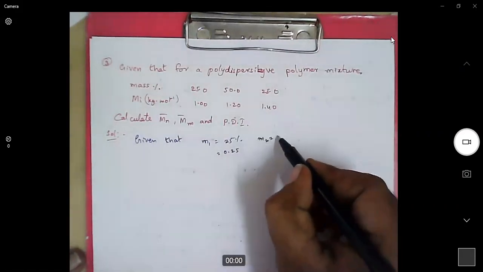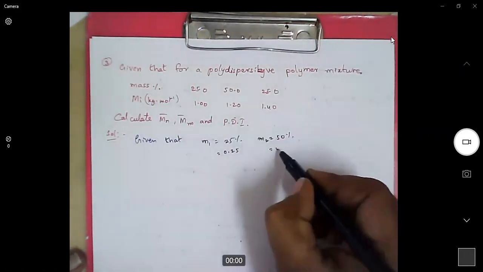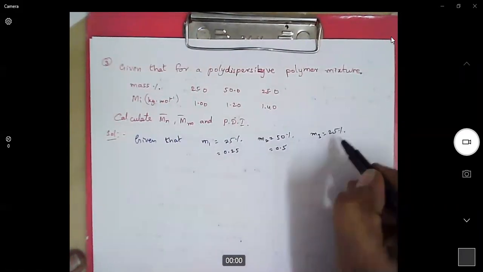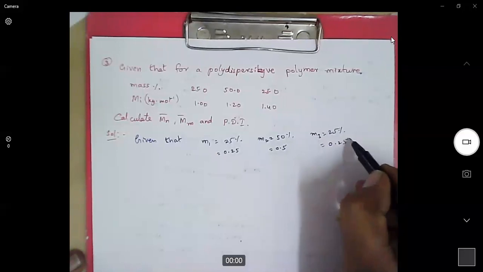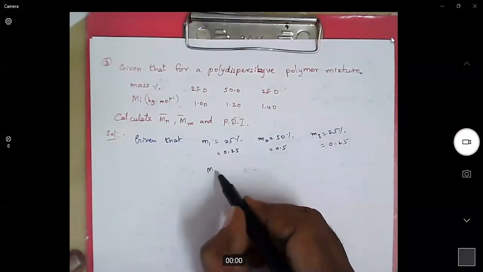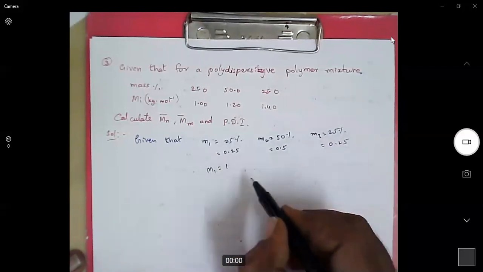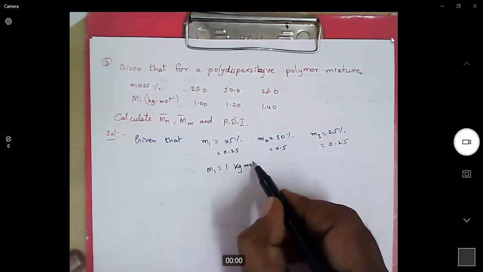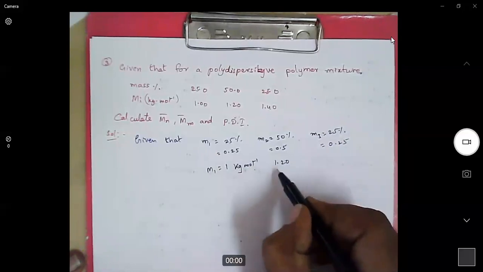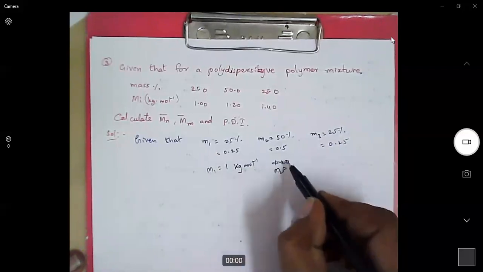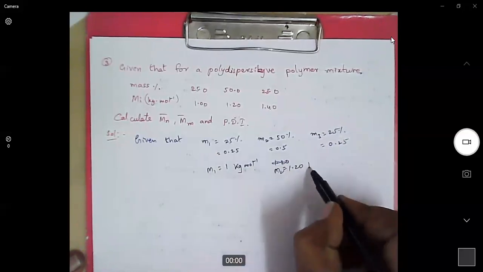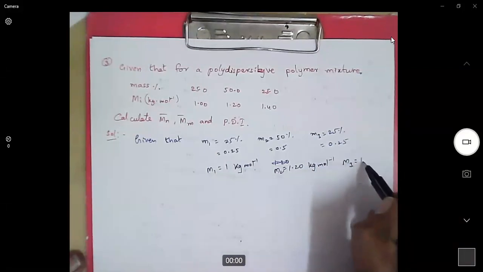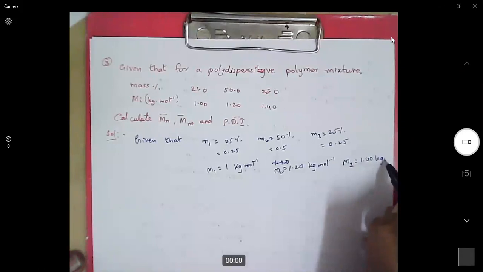Similarly, m2 is 50 percent, in numbers 0.5. m3 is 25 percent, in numbers 0.25. The molecular weights: M1 is 1 kg per mole, M2 is 1.20 kg per mole, and M3 is 1.40 kg per mole.